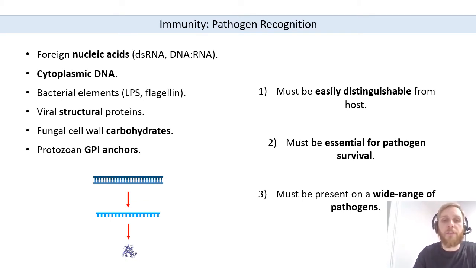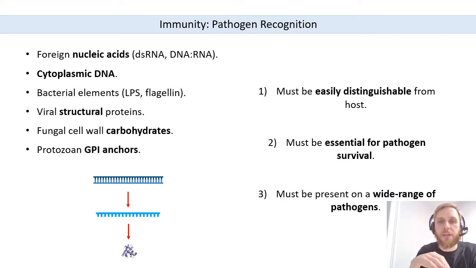There are various bacterial features as well. LPS, lipopolysaccharide, and flagellin are found on bacteria and they're never found in a healthy cell. They're found in a wide range of bacteria. LPS, as I'm sure we know from undergraduate microbiology modules at some point, is found on a massive number of bacteria, and flagellin is found in bacteria that have flagella.